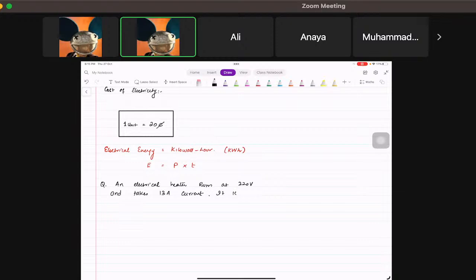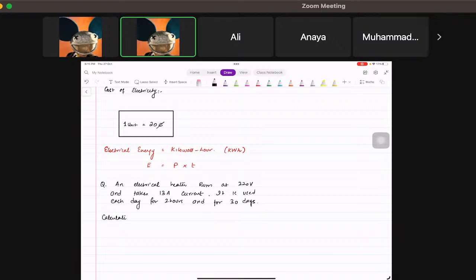It is used each day for 2 hours and for 30 days.